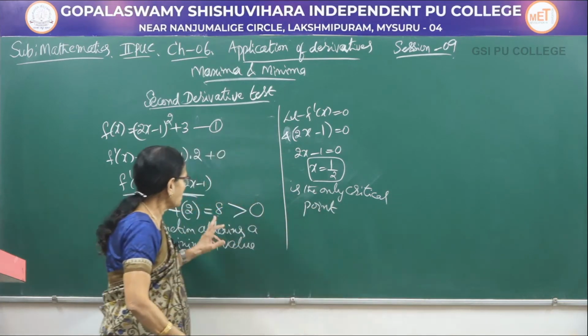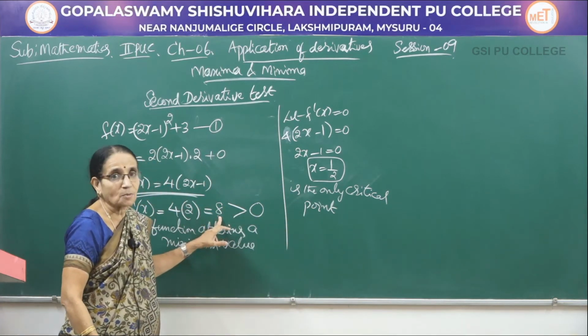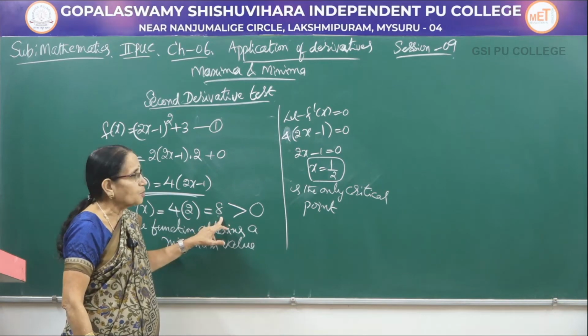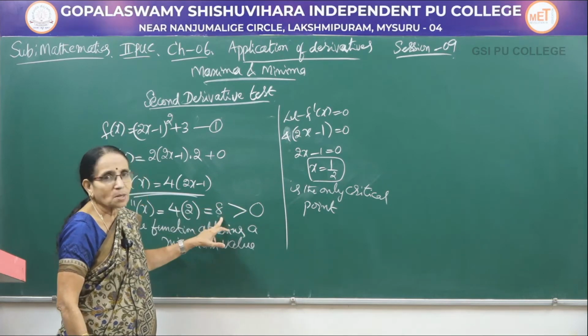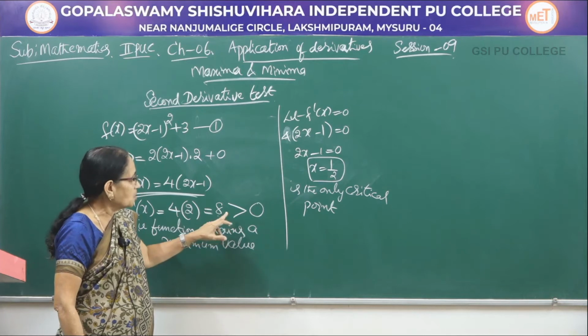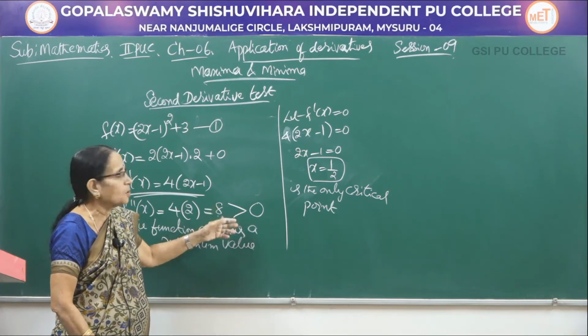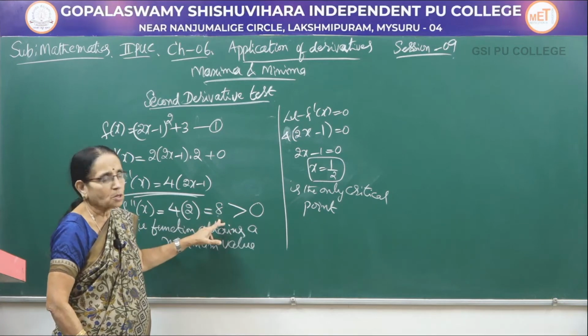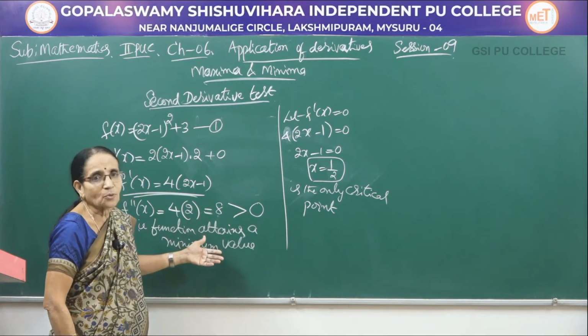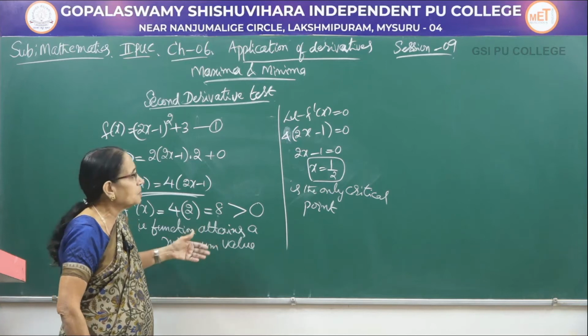See here, because we don't have any variable x in the second derivative; if there were some variable, we should have substituted the value of x here and found out whether it is attaining a positive value or a negative value. Directly we got a positive value, so directly we got the information that it is attaining a minimum value.